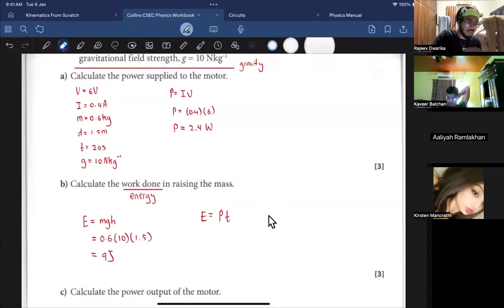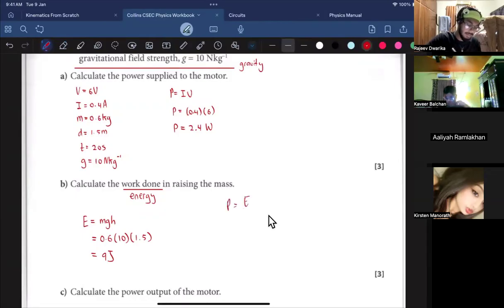So, but let me see what we would get. We know that power is equal to energy over time, and like you said, energy is equal to power times time. What's the power? The power was 2.4.